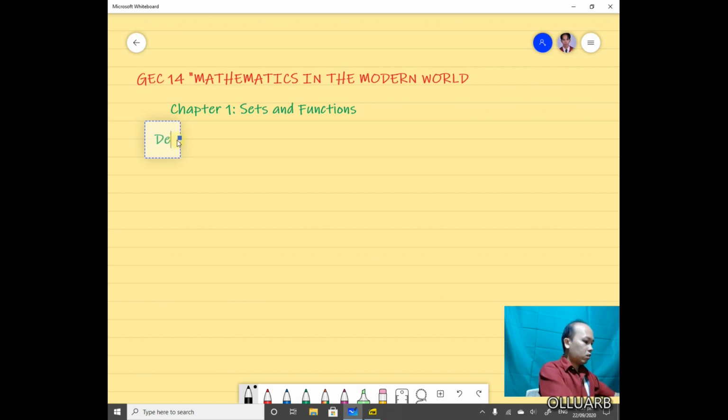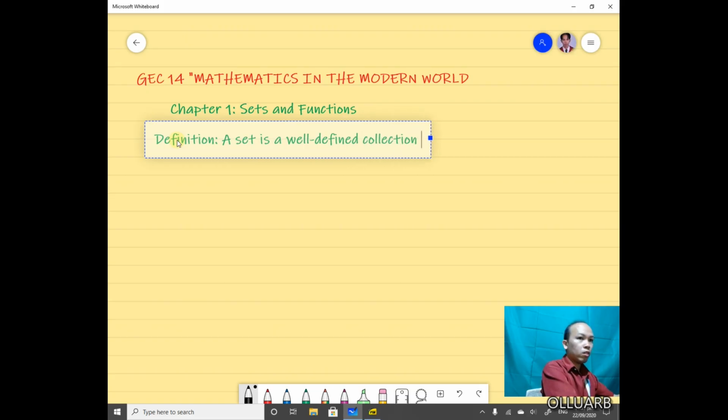Definition 1: a set is a well-defined collection of objects.